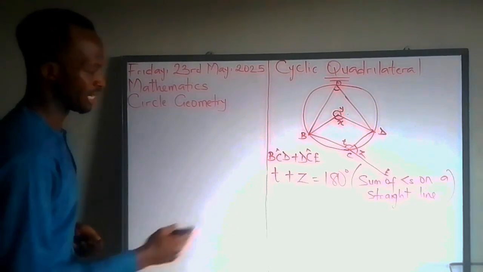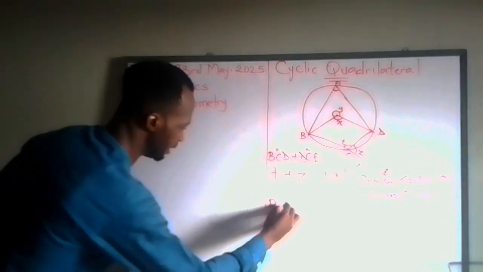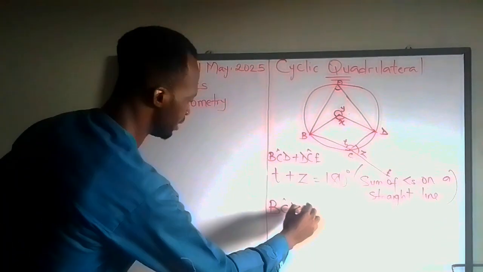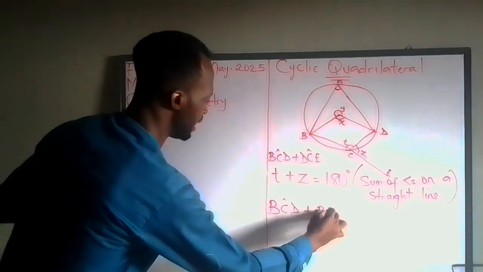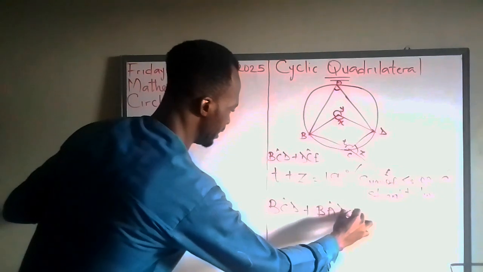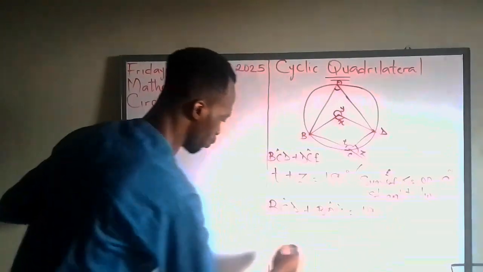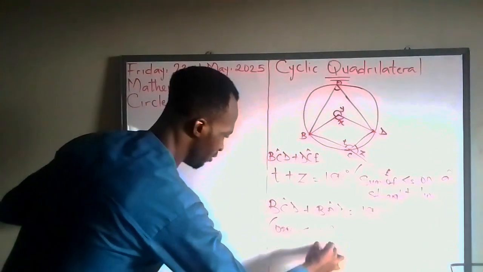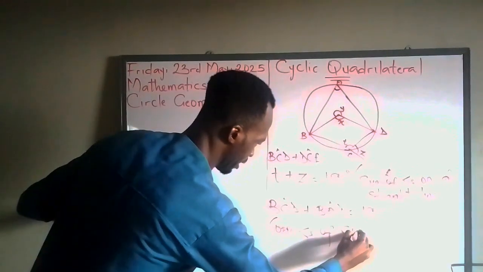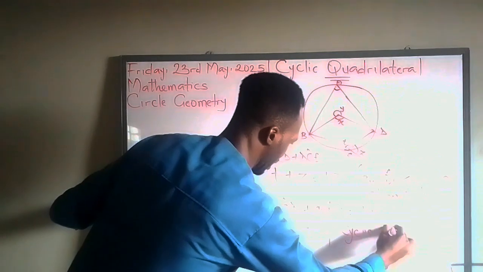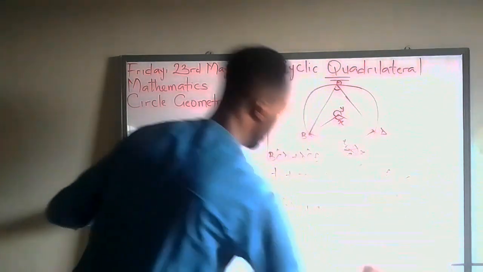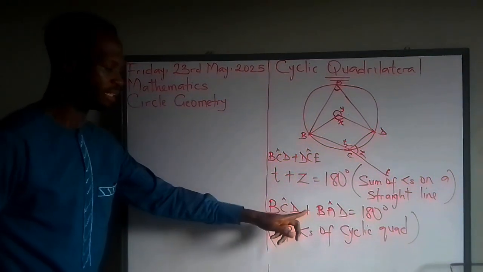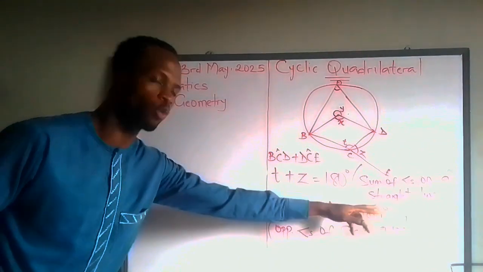So we write angle BCD, which is the angle T, plus angle BAD is equal to 180 degrees. The reason is opposite angles of a cyclic quadrilateral are supplementary, equal to 180 degrees. That's what we proved before.